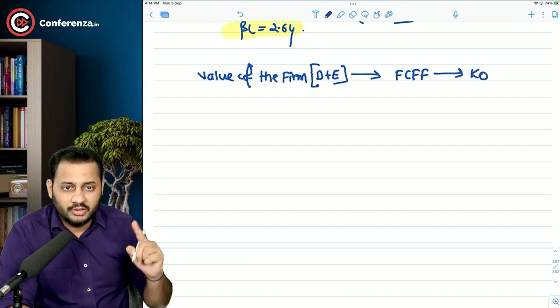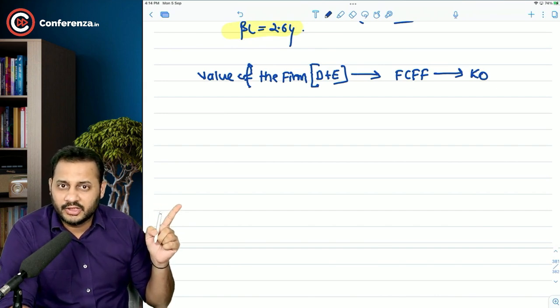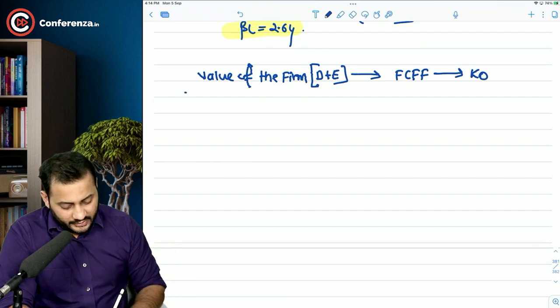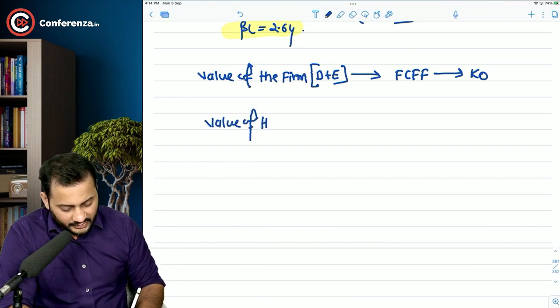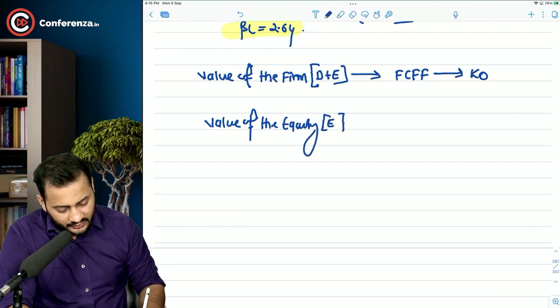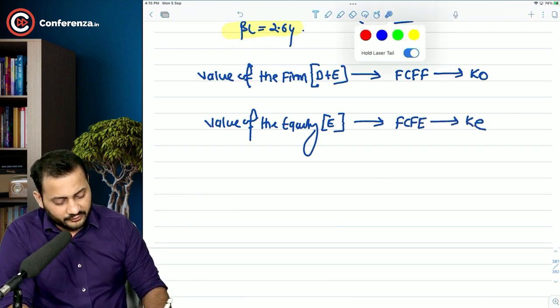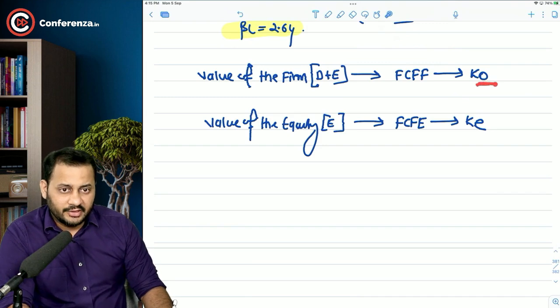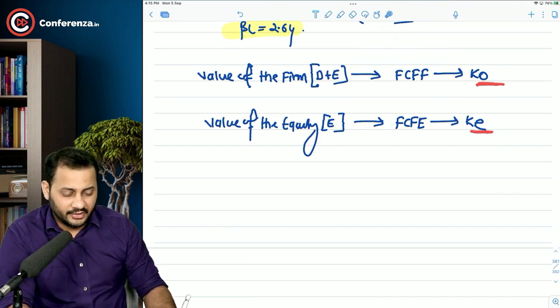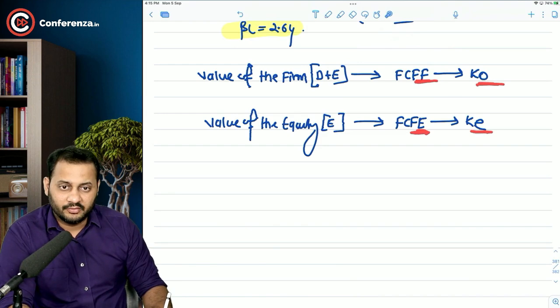Free cash flow to firm includes debt plus equity, and cost of capital also includes debt plus equity. If we have to calculate the value of equity, which only includes equity, it can be calculated using free cash flows to equity and the discounting rate of cost of equity. So you understand the difference. Here it is overall cost, here it is equity; here it is firm, here it is equity only.